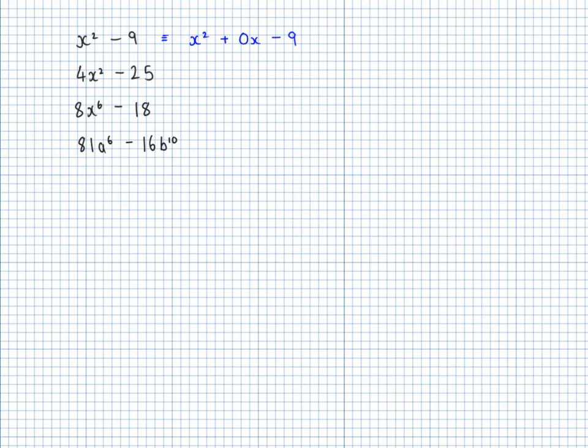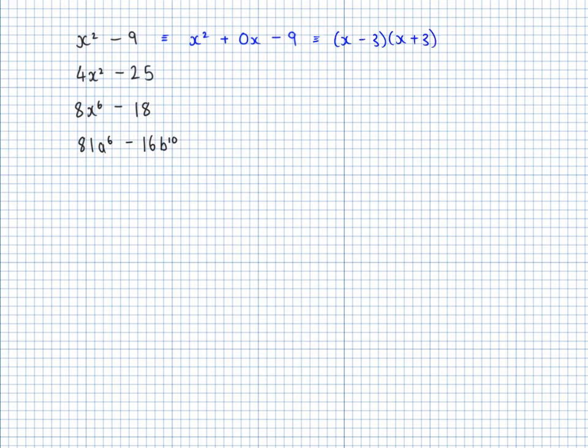Now this factorizes to two brackets, and I need two numbers that multiply to give me -9, and if I add them I will get 0. That is a +3 and a -3, and this is what you will find when you have a difference of two squares. So this one factorizes to x take away 3 and x plus 3.